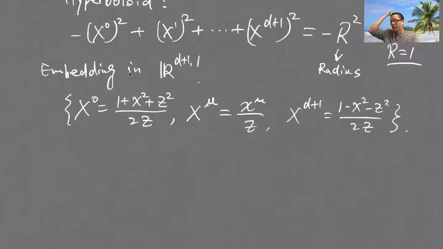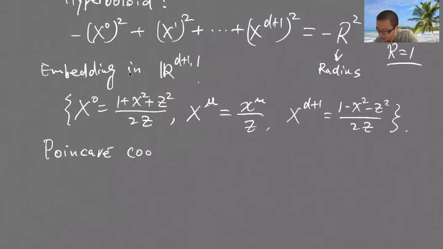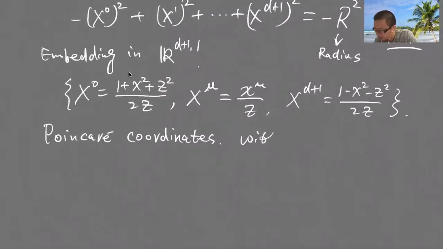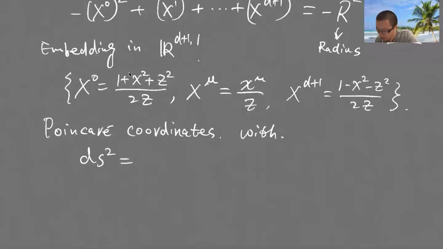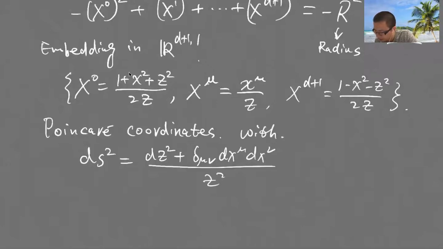So this parametrization is often called Poincare coordinates, with a metric given by dz squared plus delta mu nu dx mu dx nu, divided by z squared.